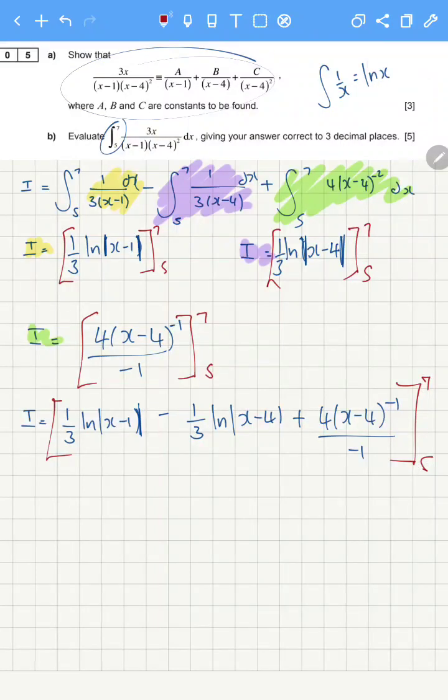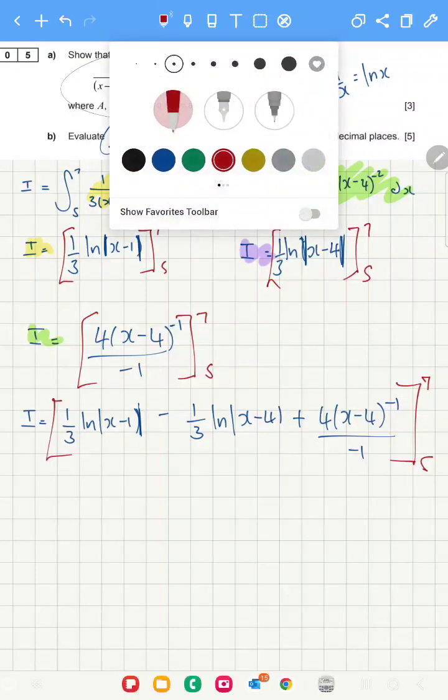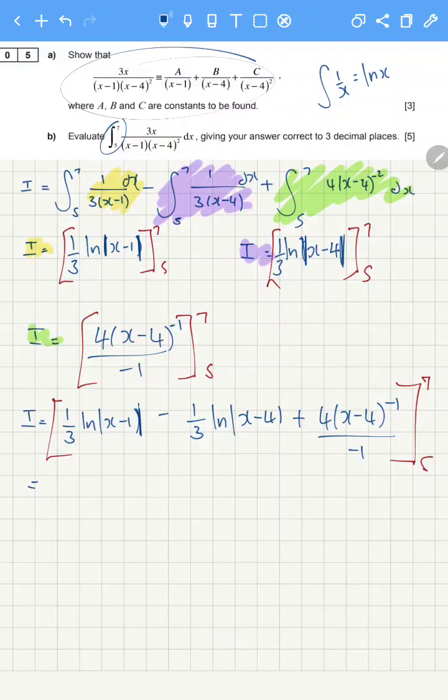Let's just sub those in, and we get 1/3 log of 6 minus log 4 minus 1/3 times log 3.